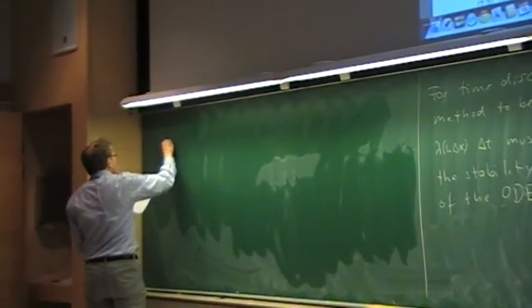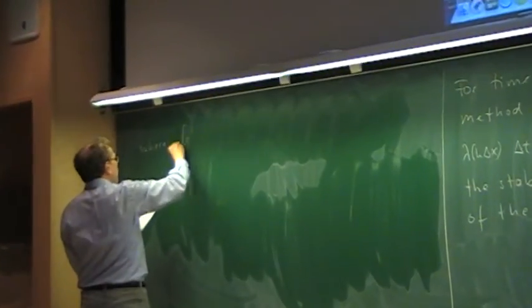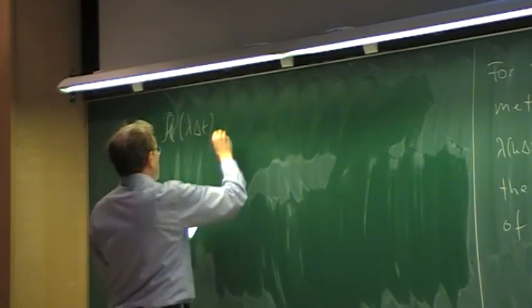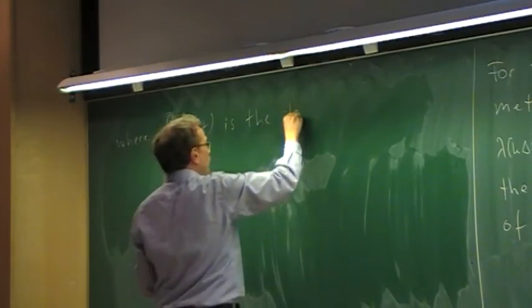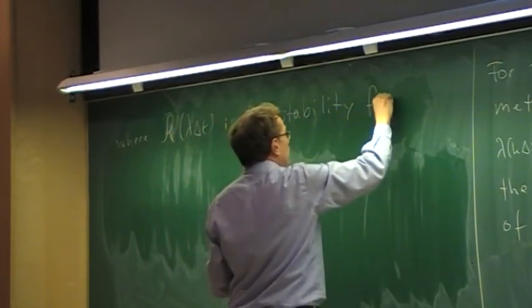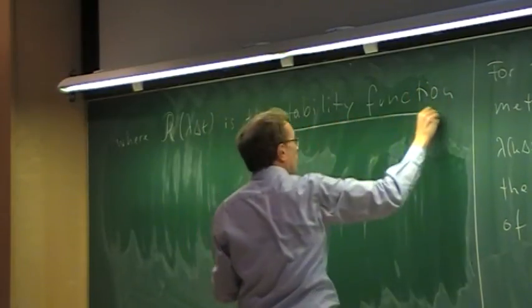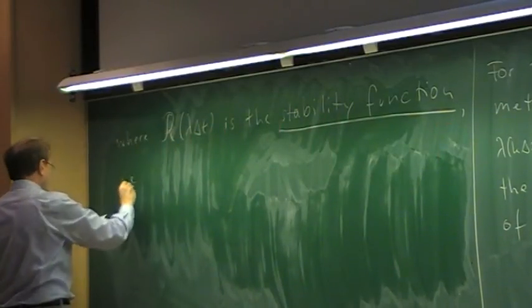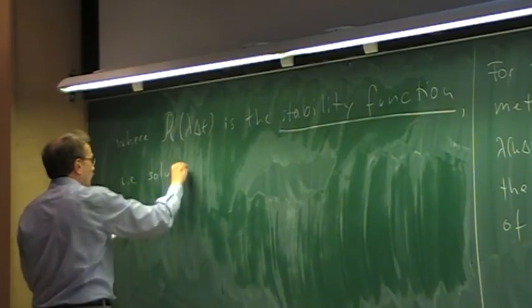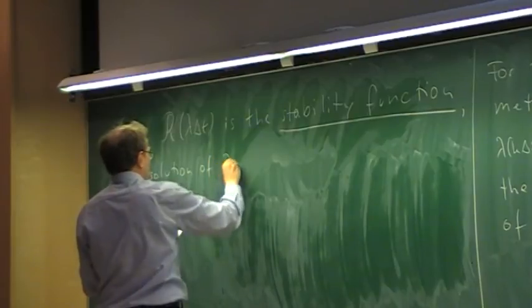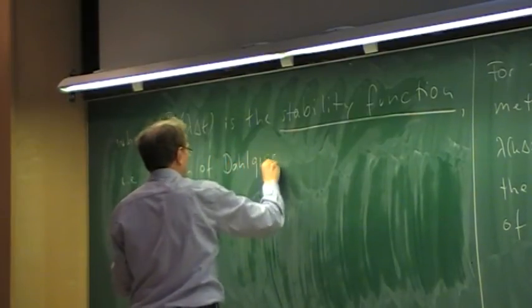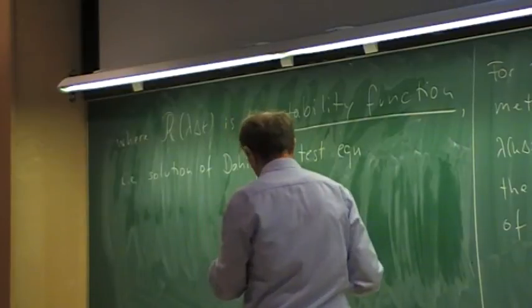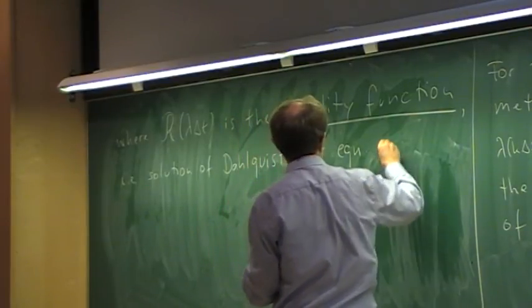So the stability function is a function of lambda delta t. That is the name, the stability function. And the stability function is the solution of the Dahlquist test equation, which you might know from numerical analysis, after one time step.